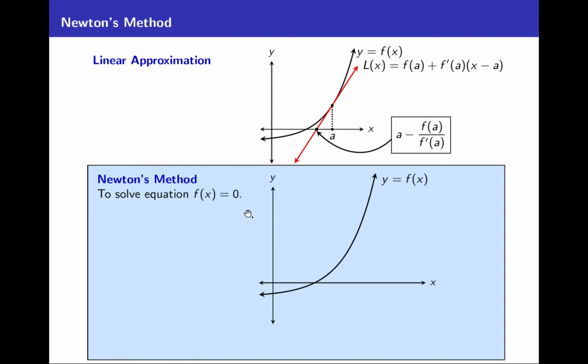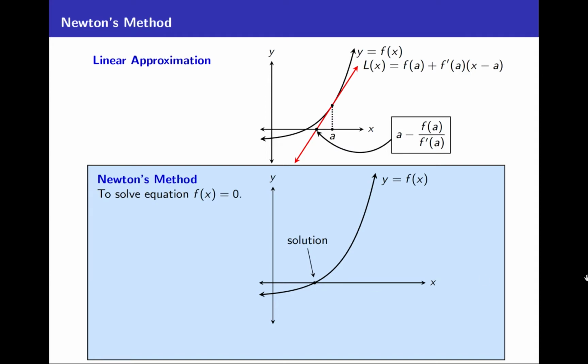Think about the graph of y equals f of x. You're looking for the values of x that make f of x equal 0, and those are going to be the x-intercepts. So right here, there's a solution, whatever x that is, that makes f of x equal 0. We want to solve this equation, so we're going to find that solution.